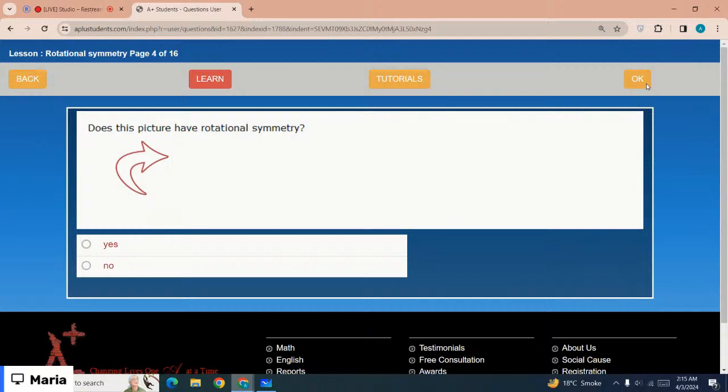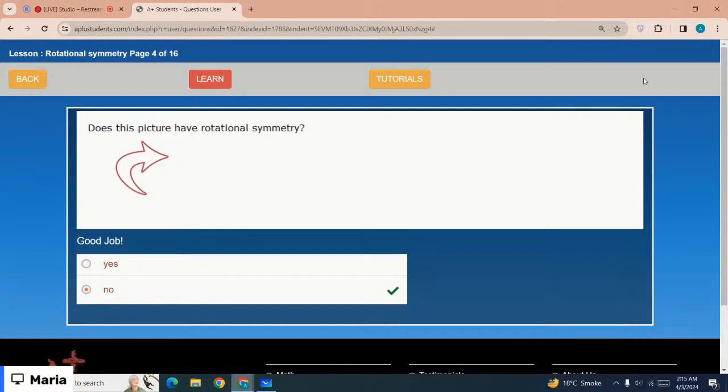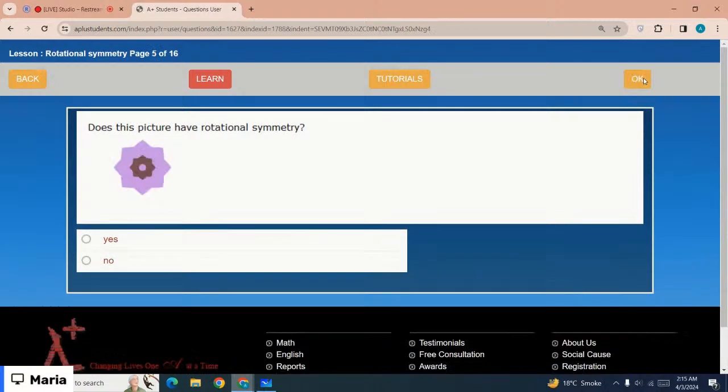No, right? The correct option is no. Does the picture have rotational symmetry?